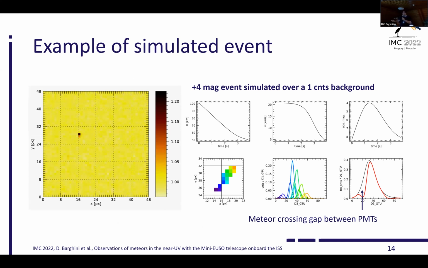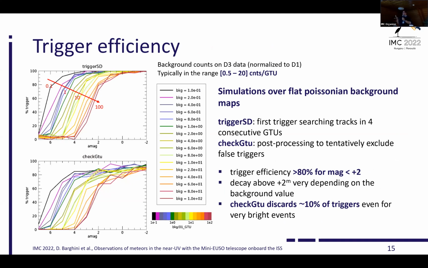And we have the same data that we have on real data, so the same results that we have on real data. But now we know the actual magnitude of the meteor and the actual speed, so we can have some results. And basically, this is the last slide, and this plots the trigger efficiency, so the efficiency with which a meteor is detected by Mini-EUSO and successfully recognized by the trigger algorithm.